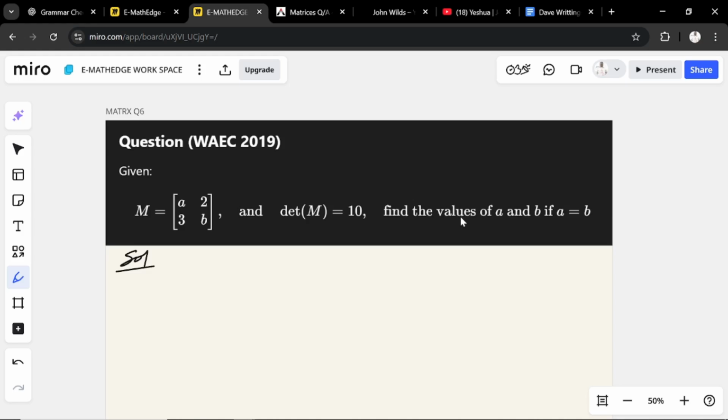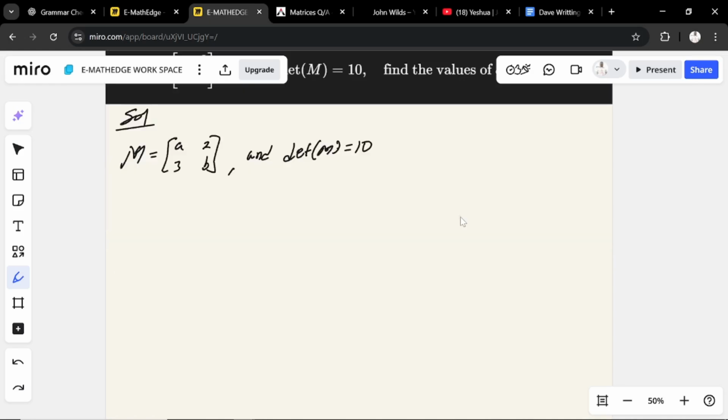We have the solution. What is the matrix given? We have the matrix M to be equal to the elements A, 2, 3, and B. And the determinant of the matrix M is given to be 10.